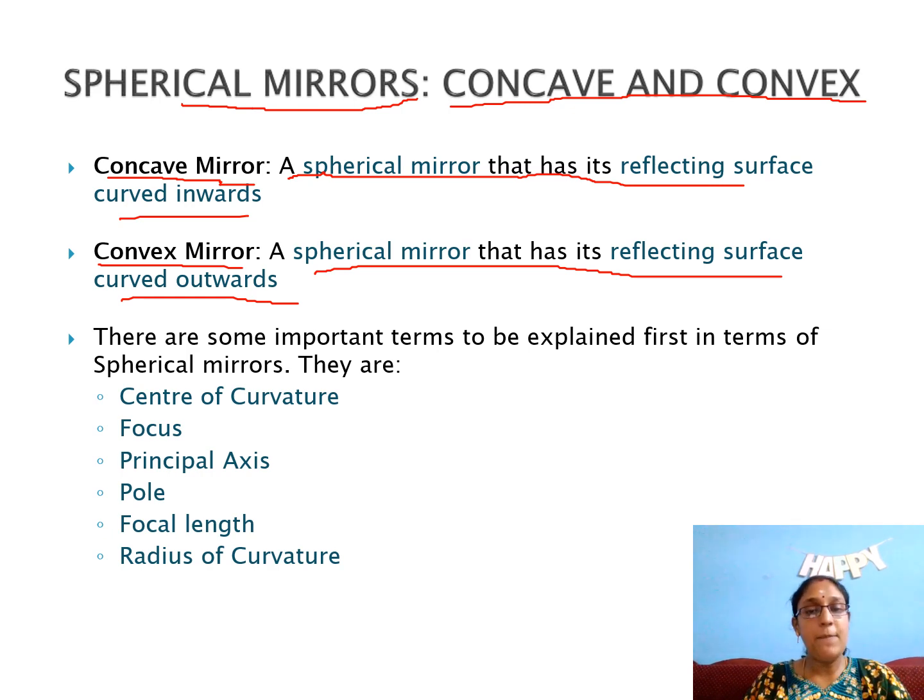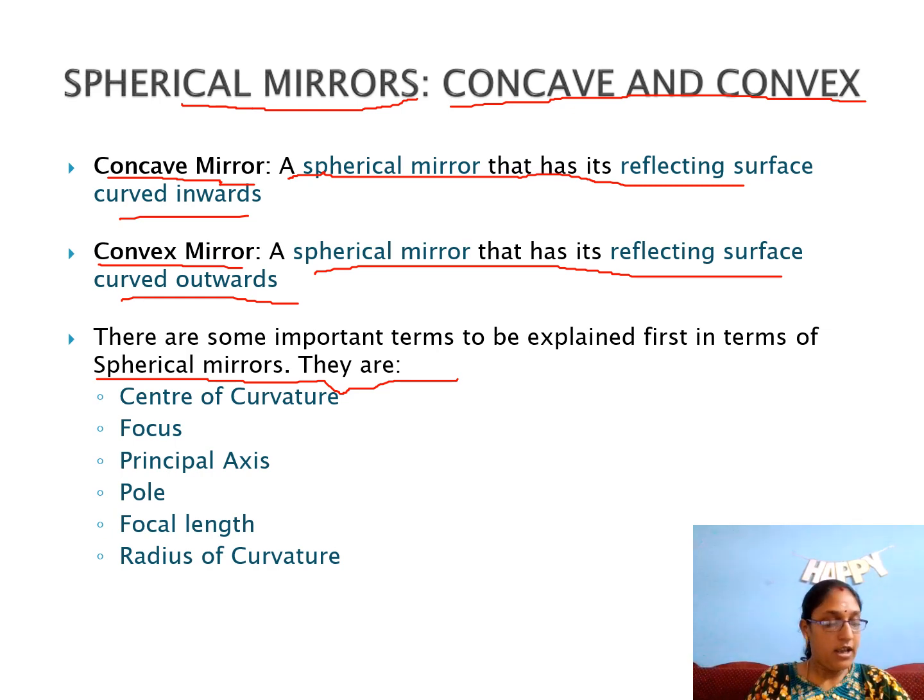So there are some important terms to be explained, first in terms of spherical mirrors. Before going into spherical mirrors, that is concave and convex spherical mirrors, we should know the important things in these mirrors.